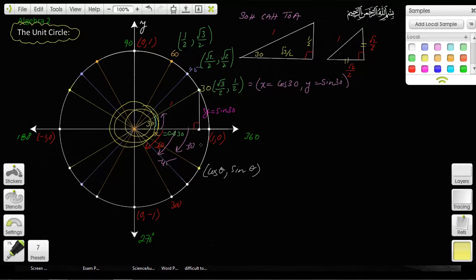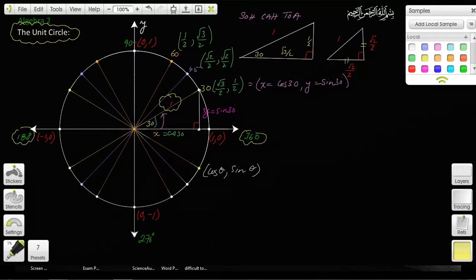So I'd like to summarize before I finish. This is a unit circle, and the unit circle is so named because the radius of the unit circle is 1. The unit circle has 360 degrees, and half of it is 180 degrees, and this is 90 degrees, and this is 270 degrees.